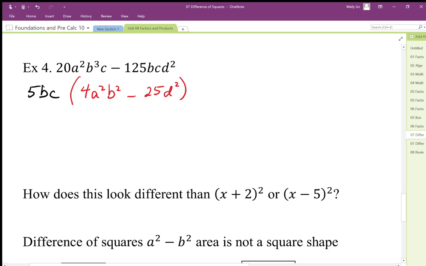Okay, so what we're left with then in the brackets is a perfect square minus a perfect square. And when we have that situation, we have the middle terms cancel out. That means that this must factor into conjugate pairs with opposite symmetry for those middle terms to cancel out. So we take the square root minus the square root, and then we do the square root plus the square root.